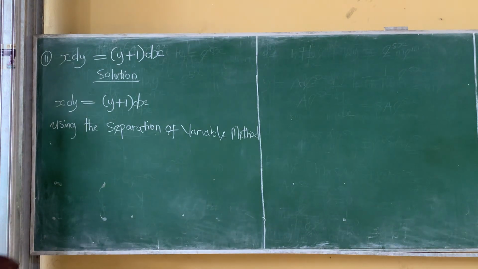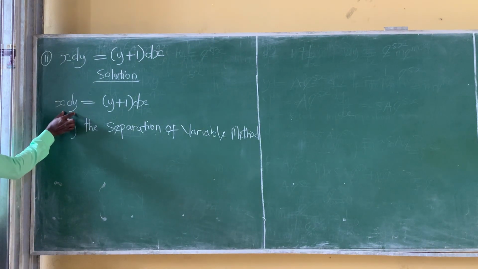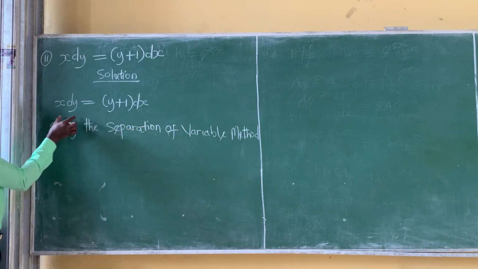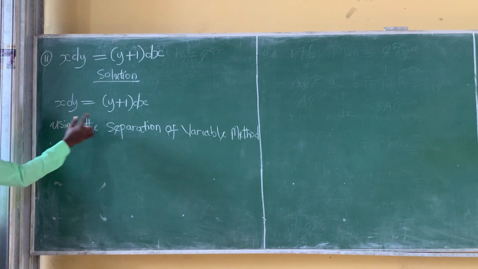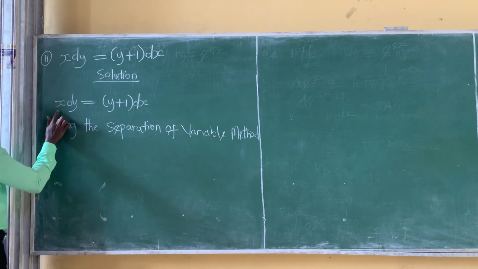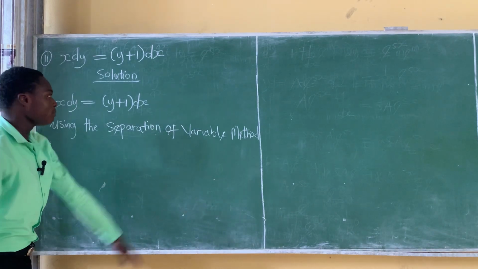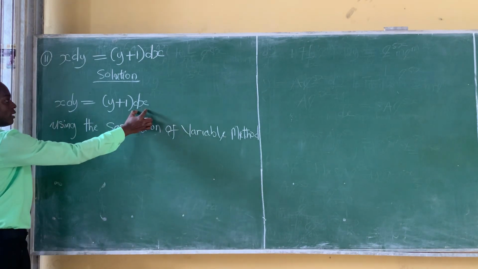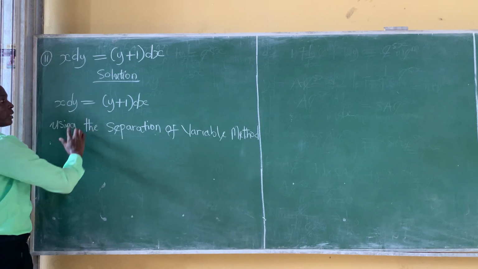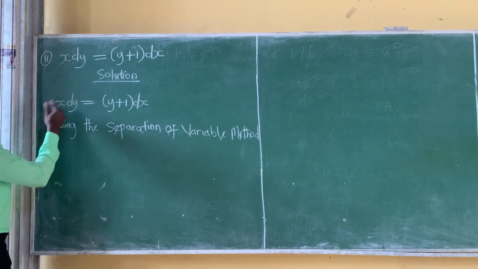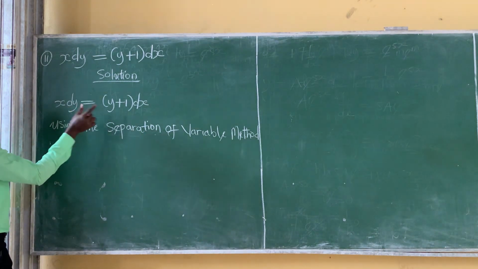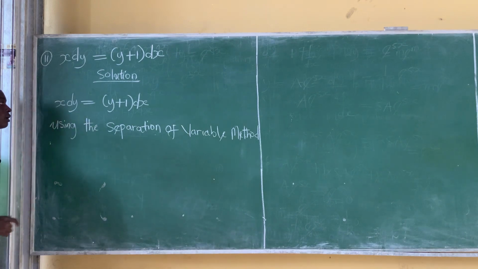Because we have dy here, we bring the y term to the left hand side, and because we have dx here, we bring the x term to the right hand side. That's just the idea about variable separable. If you have dy, you bring all the terms containing y to the left hand side.